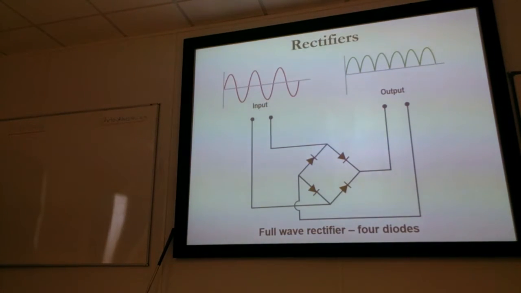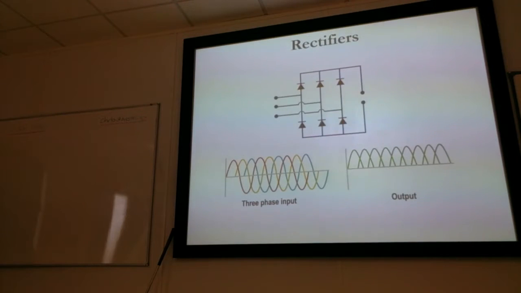If we've got a 3-phase output and we want to convert that, rectify that to DC, we've got to get a little bit more clever, and this time we use 6 diodes to give us a 3-phase full wave rectifier. You've got an awful lot of DC power right there, lots of peaks. So diodes, useful, give us our rectifier.